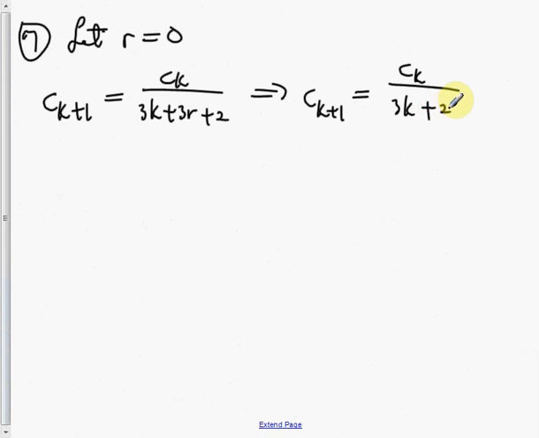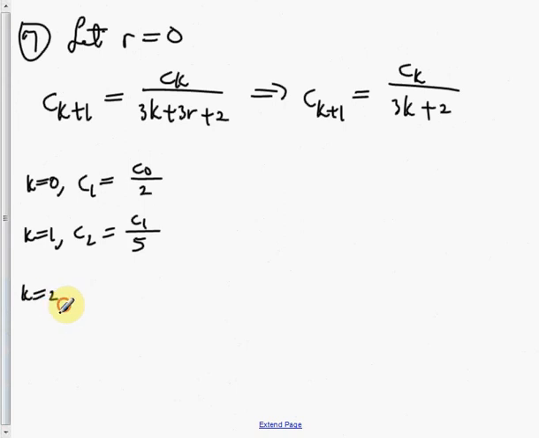So now we find those coefficients. When k is equal to 0, we get c sub 1 is equal to c naught all over 2. When k is equal to 1, we get c sub 2 is equal to c sub 1 over 3 plus 2, we have 5. When k is equal to 2, c sub 3 is equal to c sub 2 over 3 times 2 is 6 plus 2, we have 8.